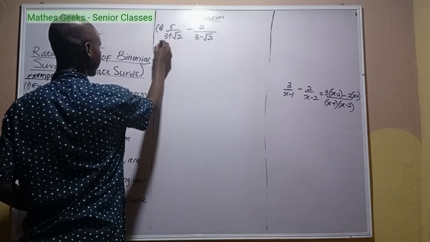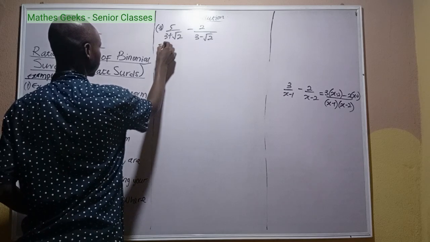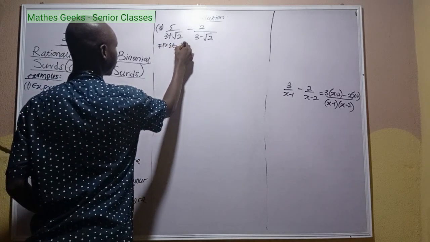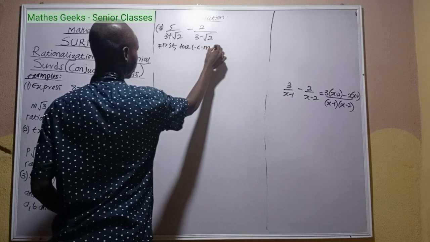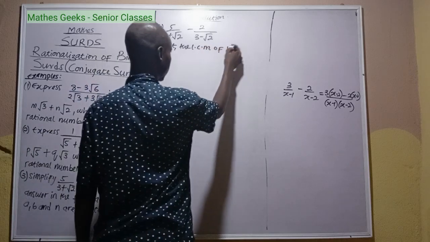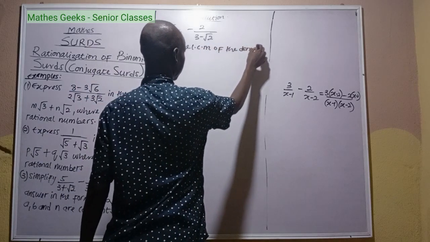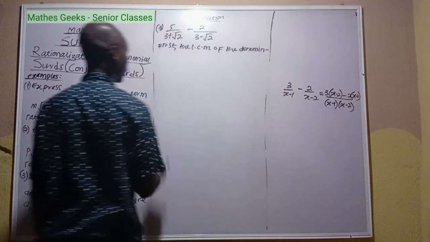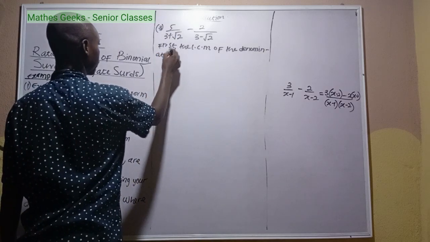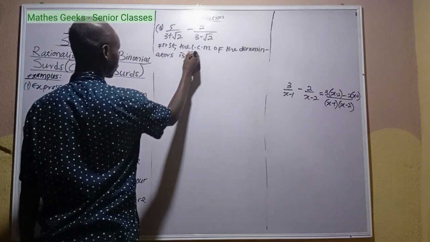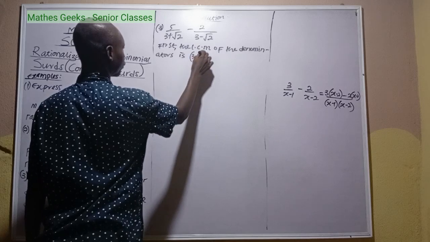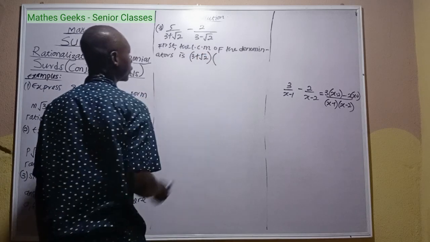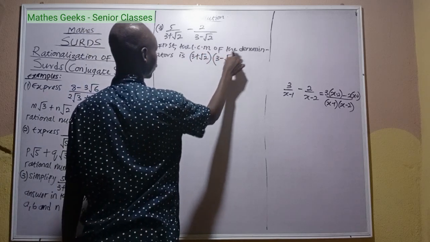So the first, the LCM of the denominators. The LCM of the denominators is 3 plus root 2 and 3 minus root 2.